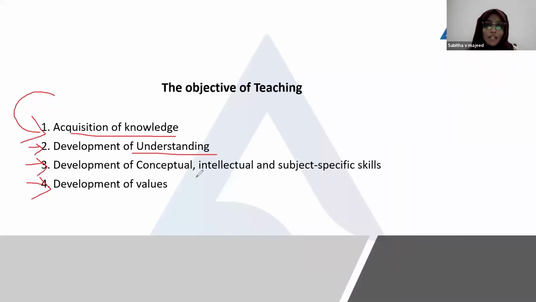All kinds of good values are passed to students through teaching. So these are the objectives of teaching: acquisition of knowledge, development of understanding, development of conceptual, intellectual, and subject-specific skills, and development of values. I hope you all understood the objectives of teaching.